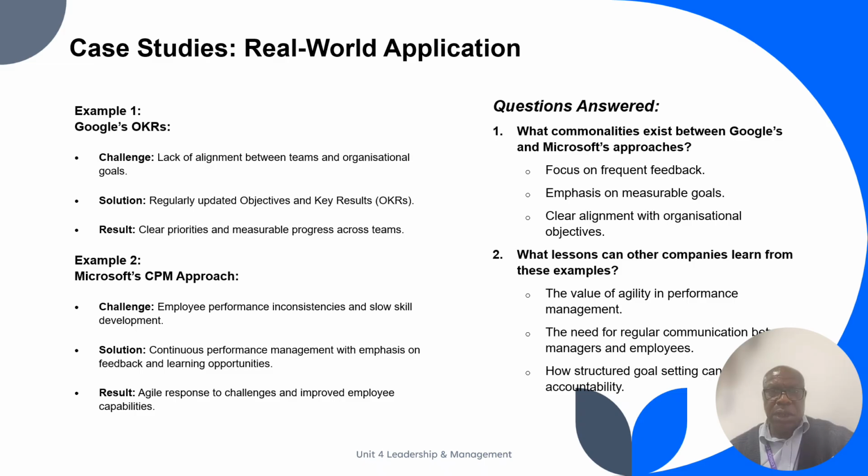Okay, what commonalities exist between Google and Microsoft? There's a focus on the frequency of feedback, emphasis on measurable goals, clear alignment with organizational objectives. Number two, what lessons can other companies learn from these examples? The value of agility in performance measurement is one.